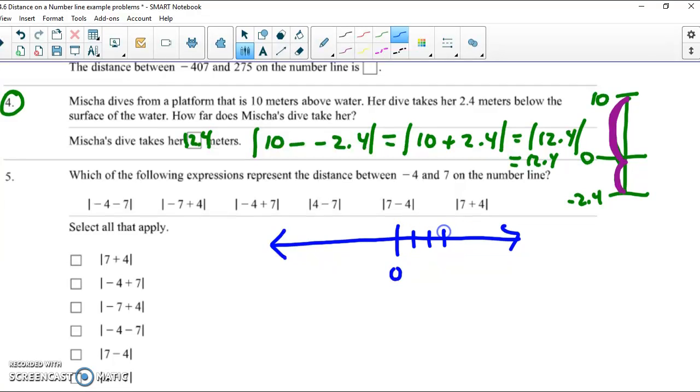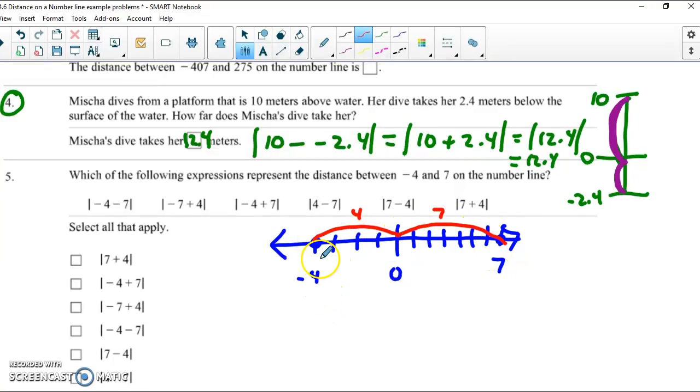Here's 1, 2, 3, 4, 5, 6, 7. And here's -1, 2, 3, 4. So from -4 to 0, that's 4 units. From 0 to 7, that's another 7 units. So 4 and 7 is 11.